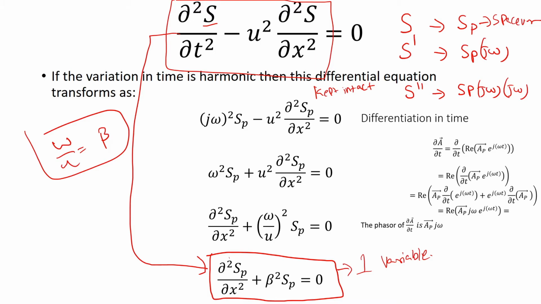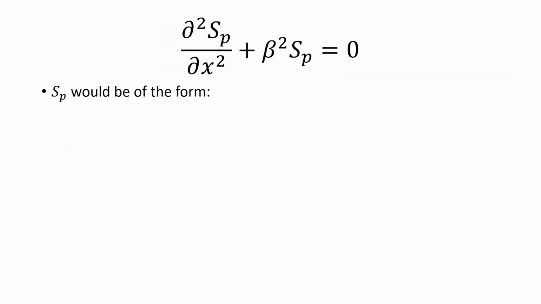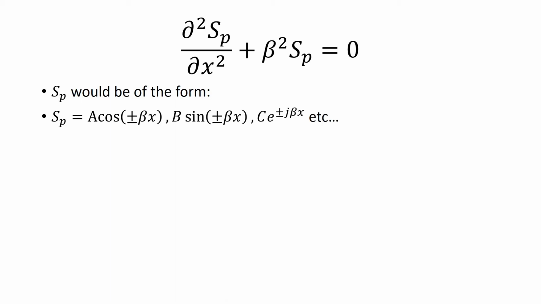So if I solve this differential equation, the solutions I would be getting would be of the form a cos plus or minus beta x, b sin plus or minus beta x, and c exponential of plus or minus j beta x.